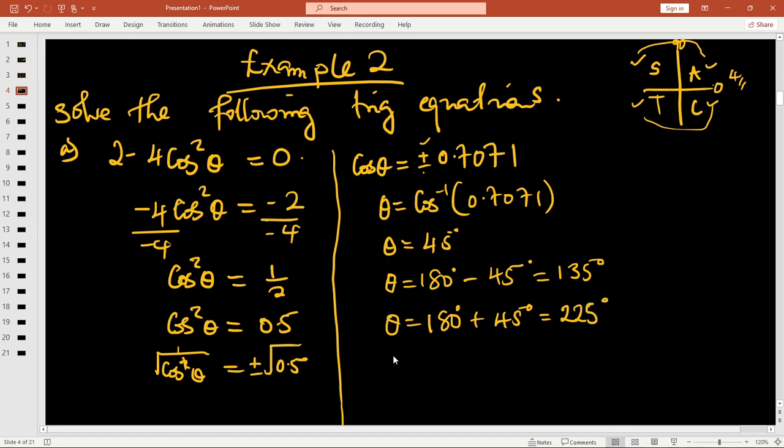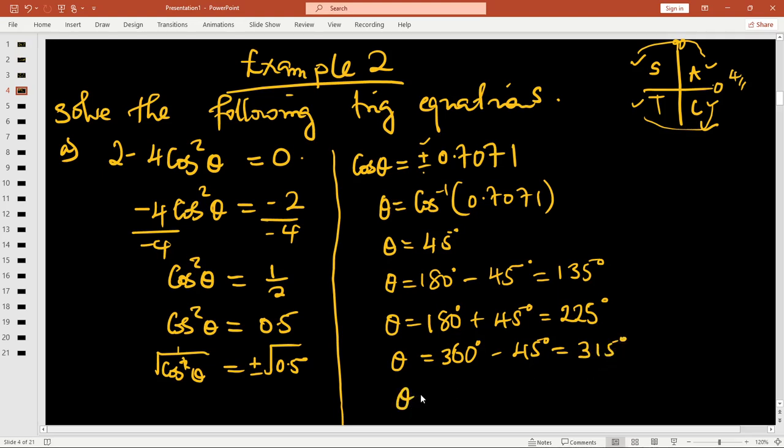Then in the 4th quadrant, where it's positive, we said it's 360 degrees minus the calculated angle, in our case 45, so this will give us 315 degrees.